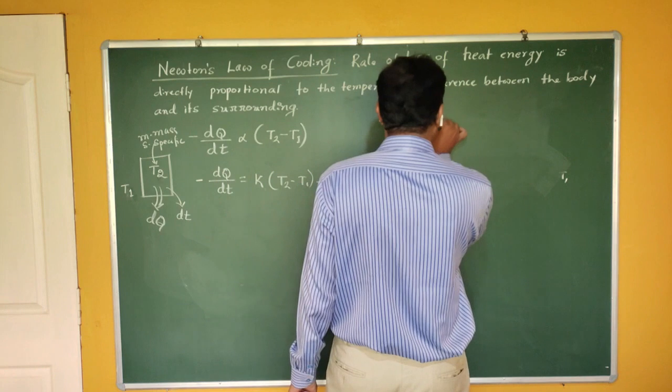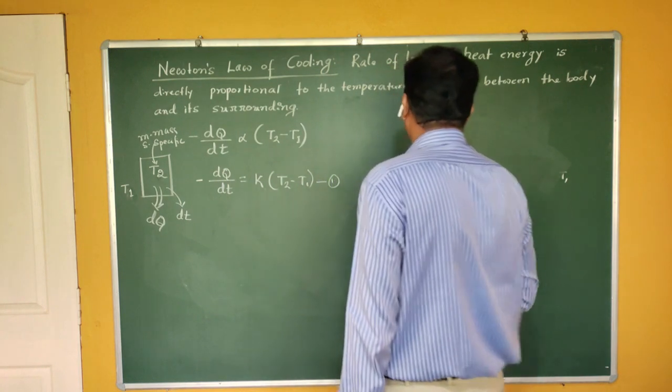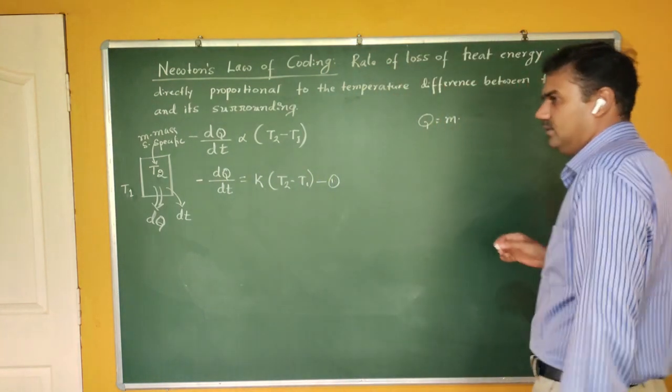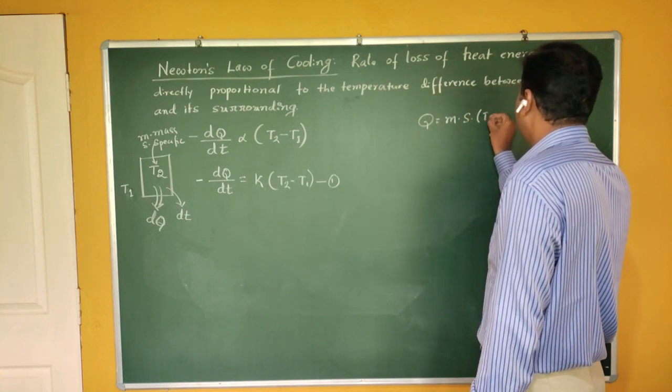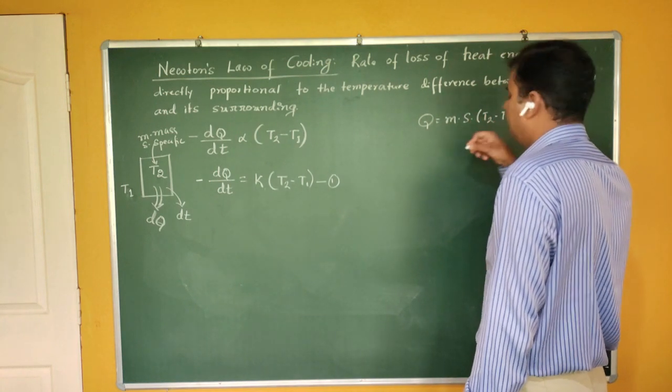As you already know, Q is the amount of heat liberated from the body or going into the body. It depends on m, it depends on S, and it also depends on the temperature difference, T2 minus T1.